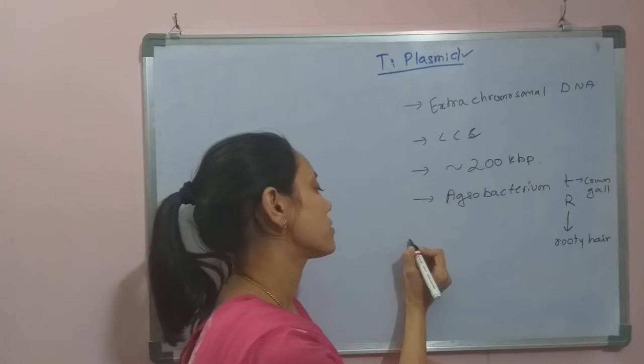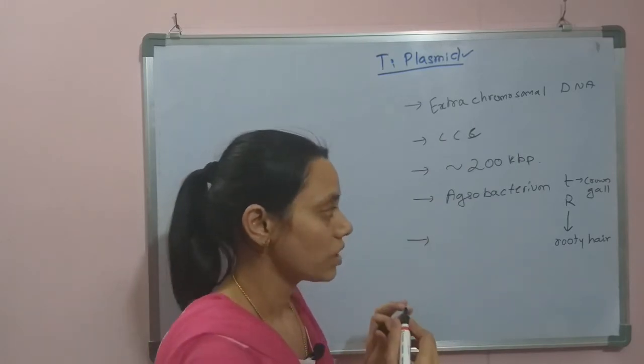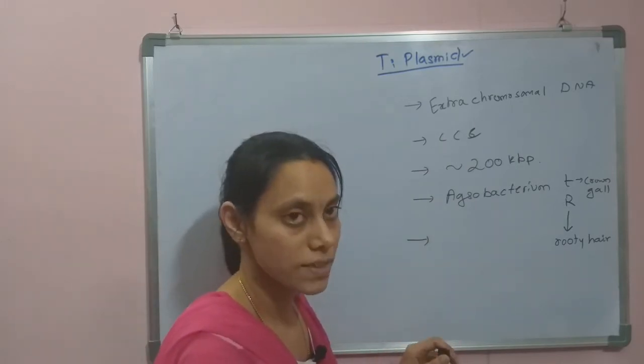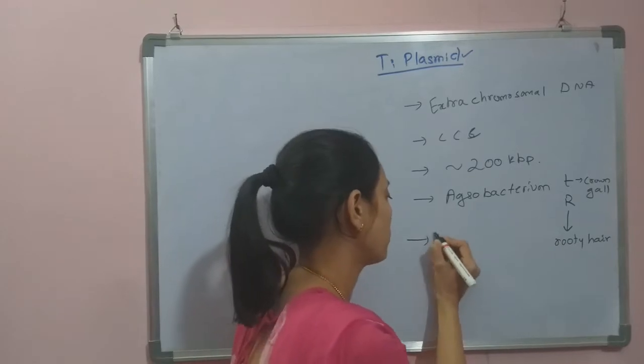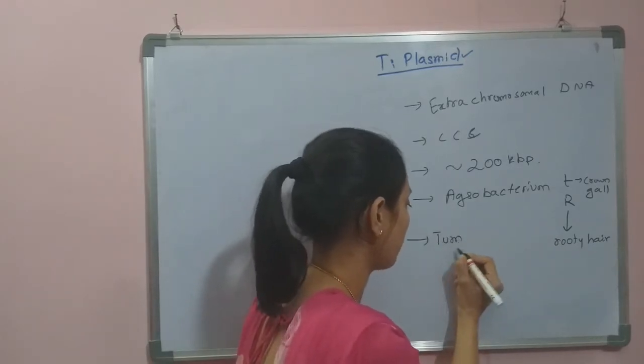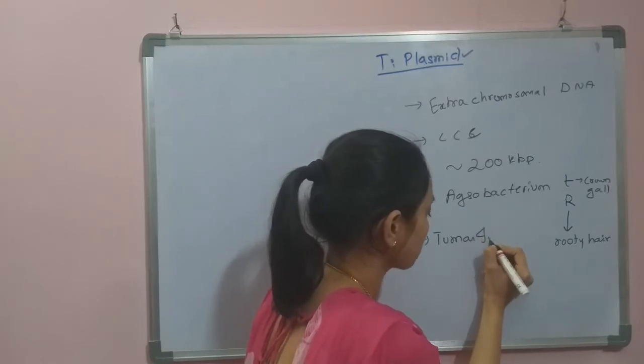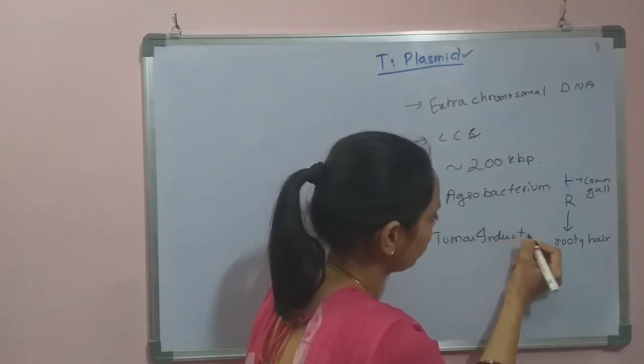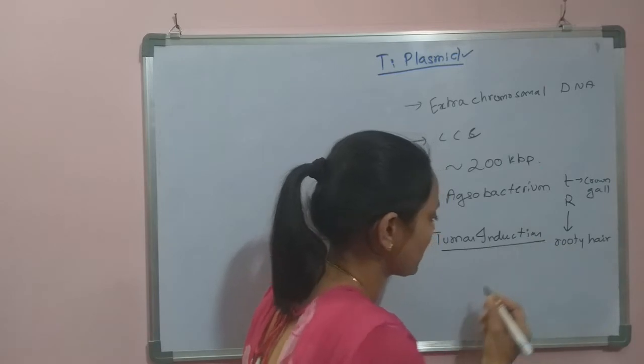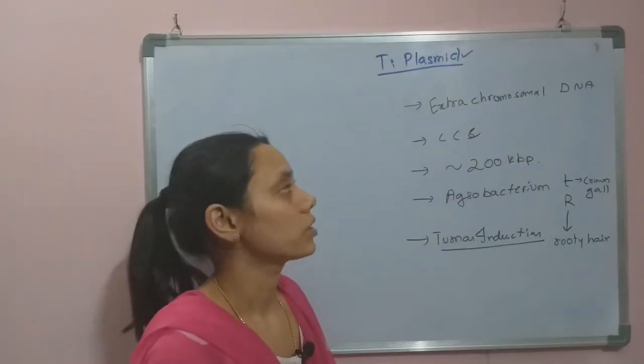So this Agrobacterium has the TI plasmid which causes tumor induction in the plants that got infected with the bacteria. That is the special character about the TI plasmid.